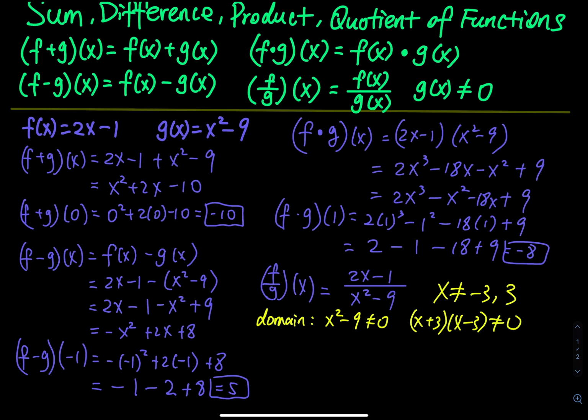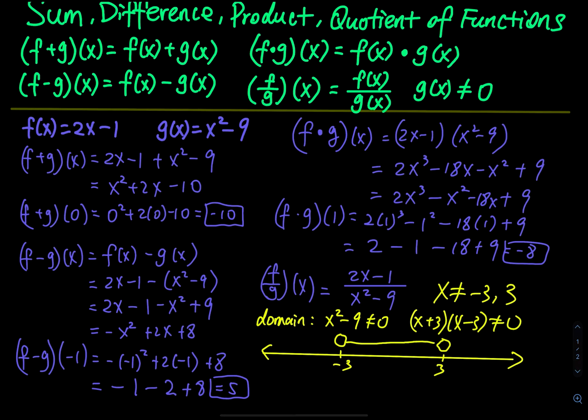All right, and then you draw a number line, take out the negative 3, take out the positive 3. What do I mean by take out? You use an open circle. That means x cannot be equal to these two numbers. So x can be anything else between them, anything greater than positive 3, or anything less than negative 3.